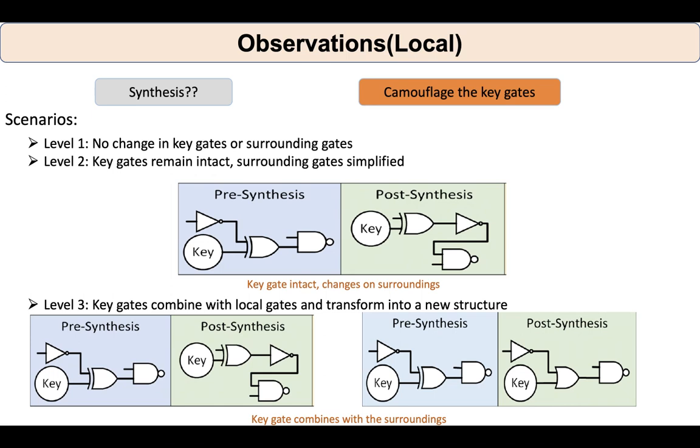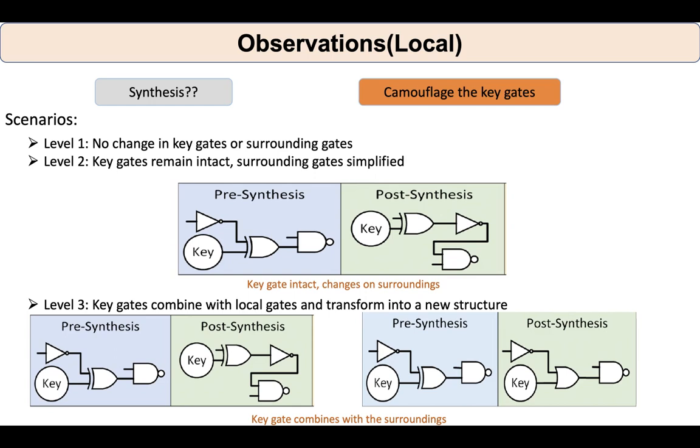There might be changes on the surrounding gates, but key gates remain intact. Level 2 is marked for this scenario. And in level 3, key gates can mix with the surrounding gates and transform into a new structure. This level is complex to guess, and this is the level we always want.